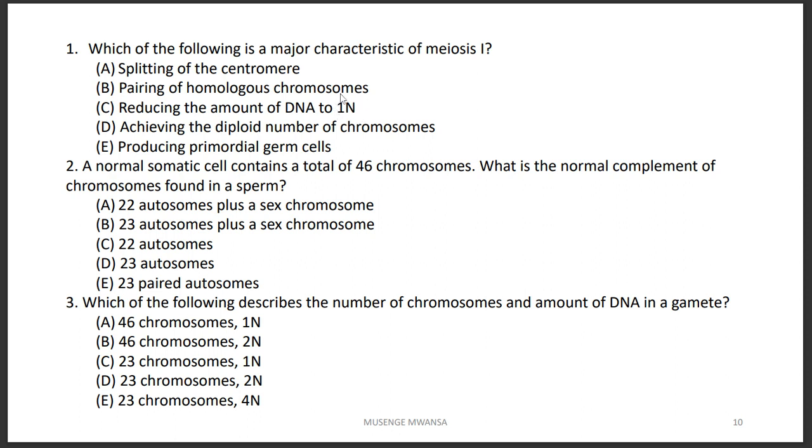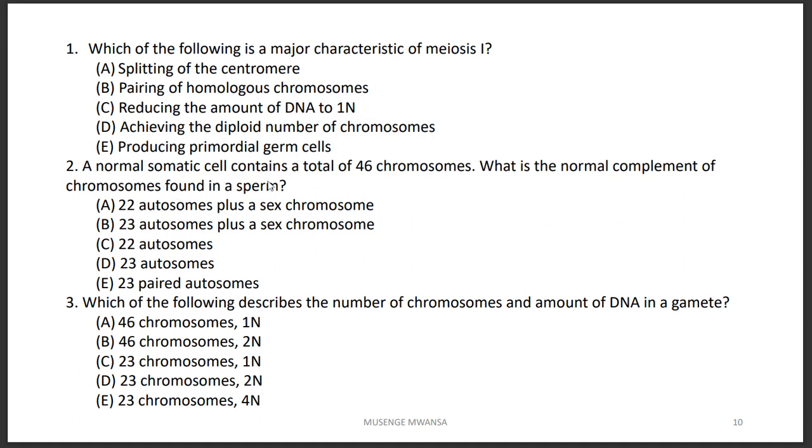But this 1N, remember, it was the formation of a spermatid, and also that was happening after second meiosis. Achieving diploid number, you don't achieve the diploid number by meiosis because meiosis is a reduction. Producing primordial germ cells also doesn't happen. So the answer here is B, pairing of homologous chromosomes, specifically during prophase 1.